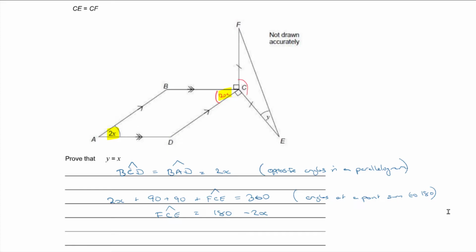Okay, and then that triangle there is isosceles, isn't it? So in isosceles triangles, base angles are equal. So that one up there is also y. Okay, so I'm going to say triangle FCE is isosceles.